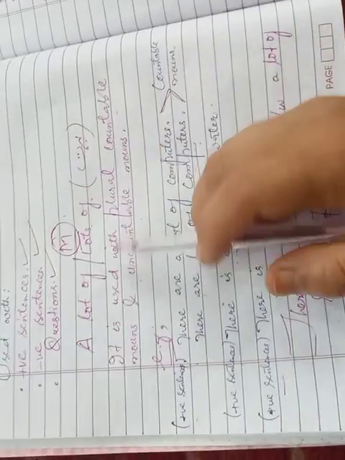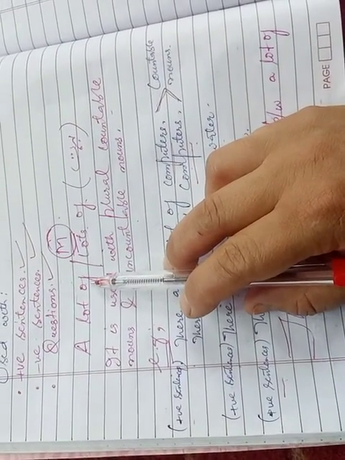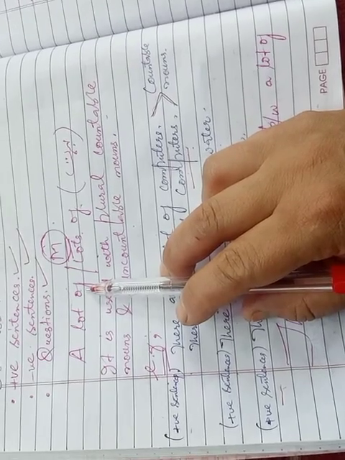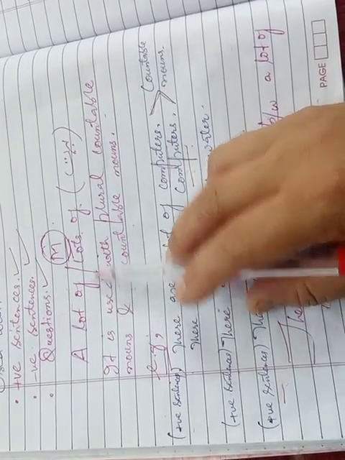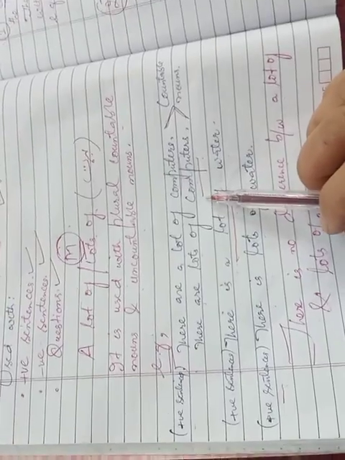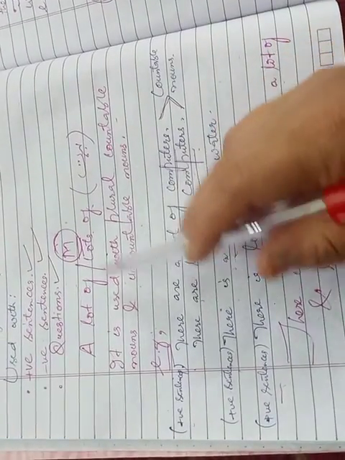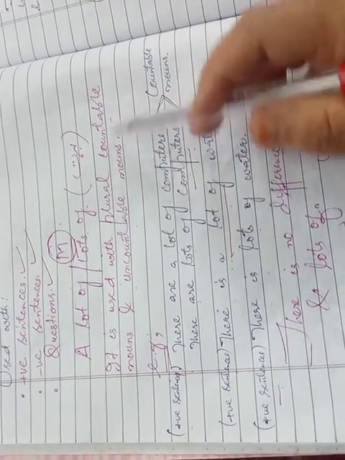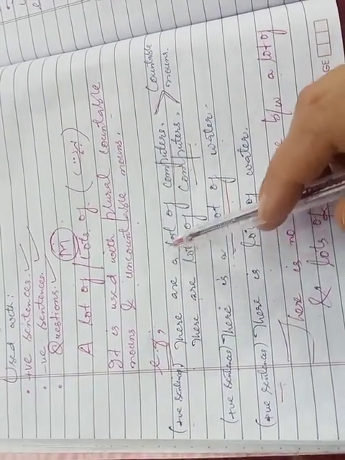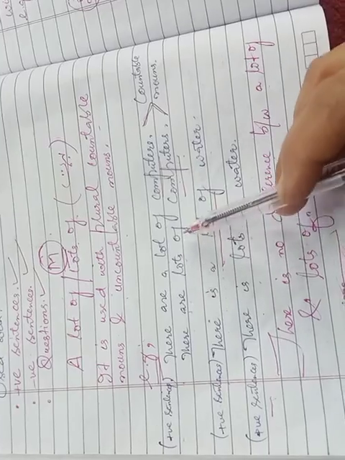My dear students, here one thing you have to remember: there was a difference between a few and few, but there is no difference between a lot of and lots of. They are one and the same thing. So here you have to remember one important thing, that a lot of and lots of are used with plural countable nouns and uncountable nouns. Here are examples like there are a lot of computers, there are lots of computers.